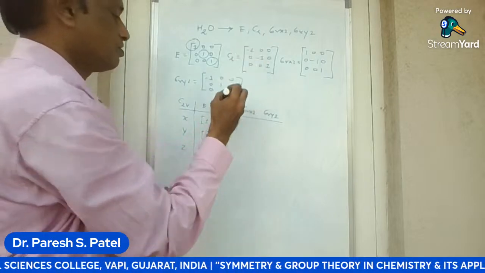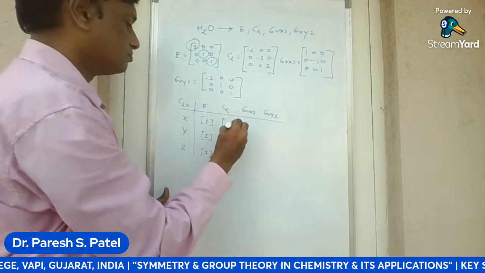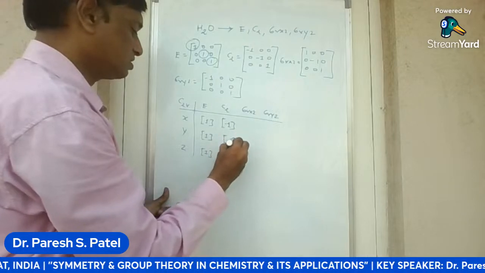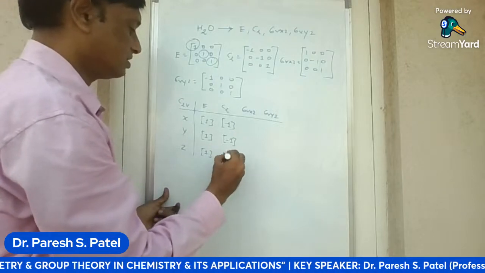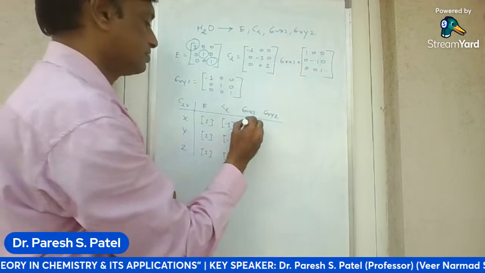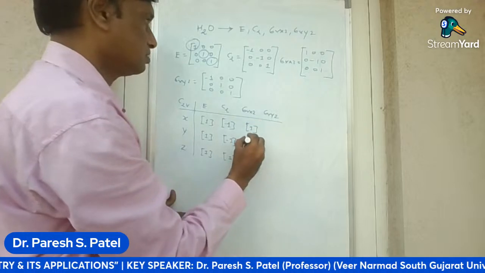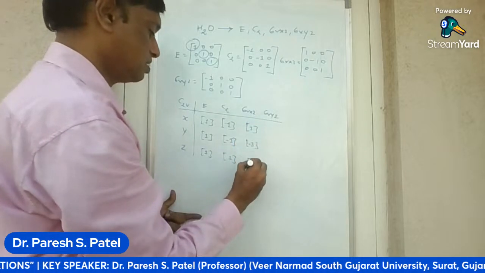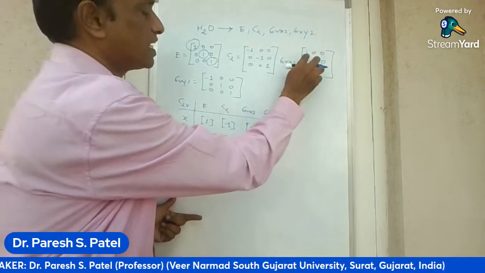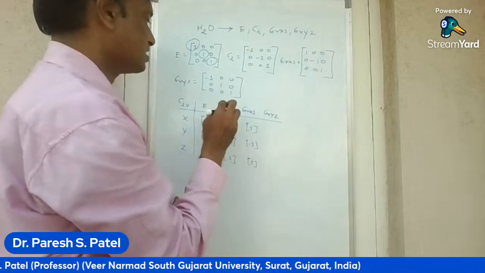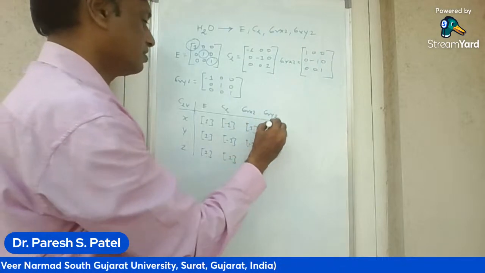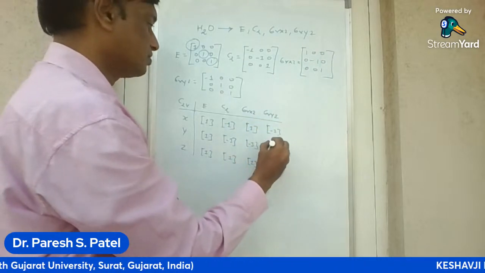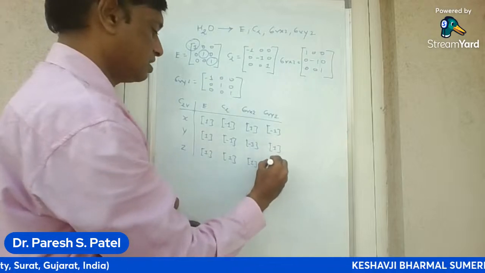C2: minus 1, minus 1, and 1. Sigma Vxz: 1, minus 1, and 1. This is along the x-axis, this is along the y-axis, this is along the z-axis. Similarly, sigma Vyz: minus 1, 1, and 1.